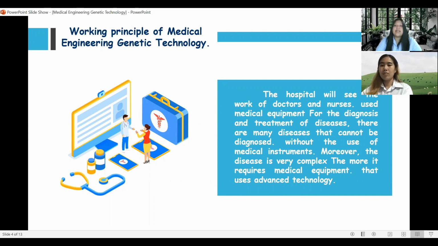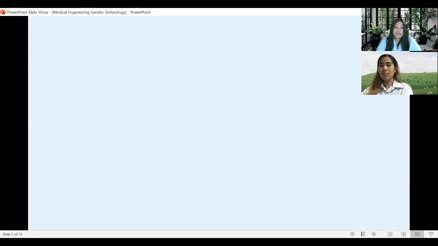Moreover, the disease is very complex, and it requires medical equipment that uses advanced technology. For example, using a computed tomography scanner to take pictures of the internal organs of the body.